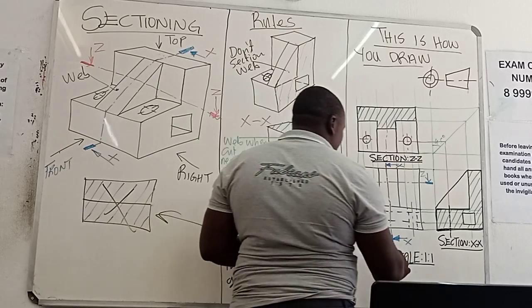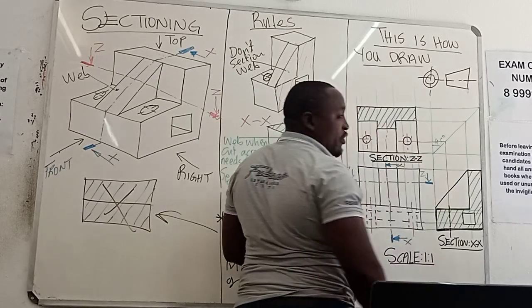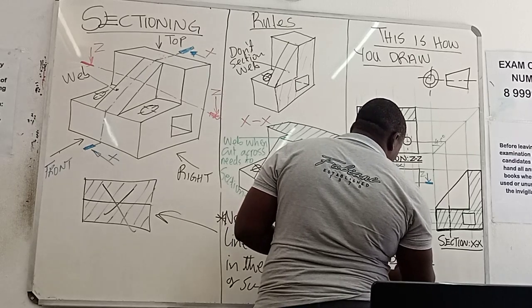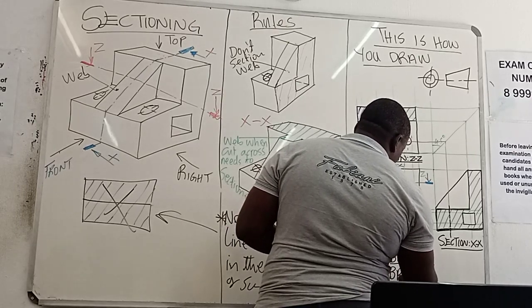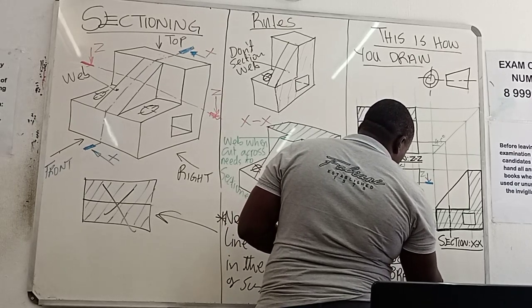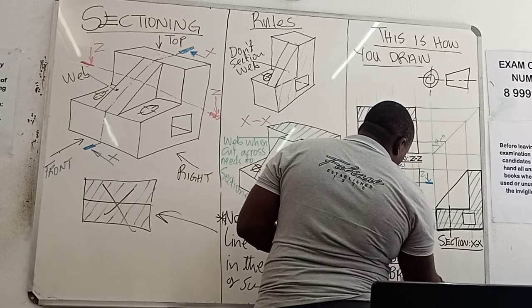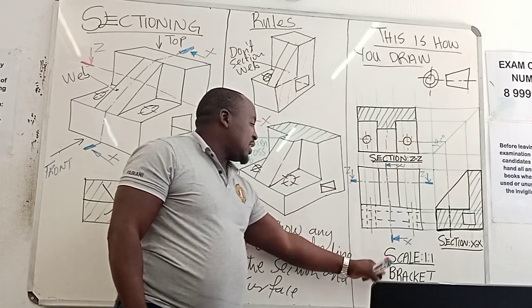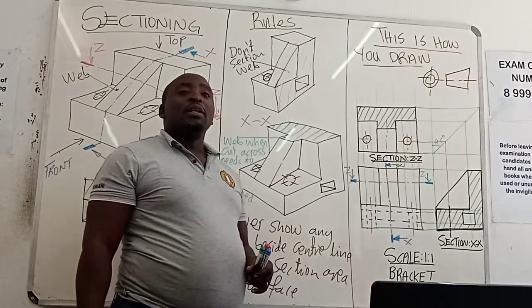Then what did you do? You put the name of the drawing. What is the name of this drawing? If it's a bracket, you underline it. At times you write this on top, then scale below.